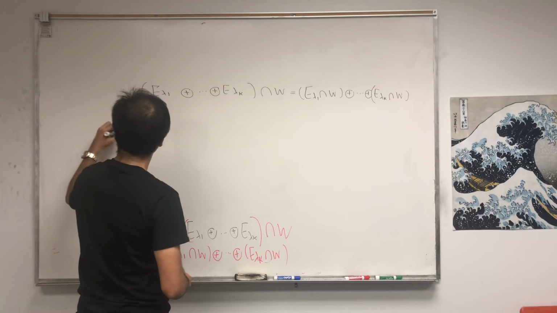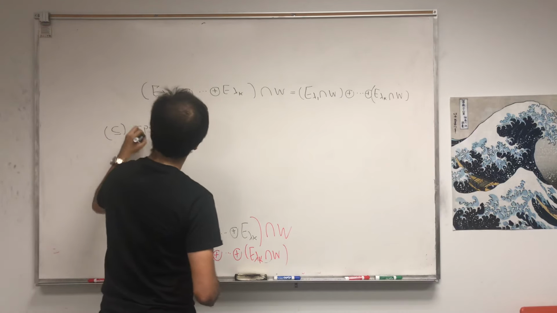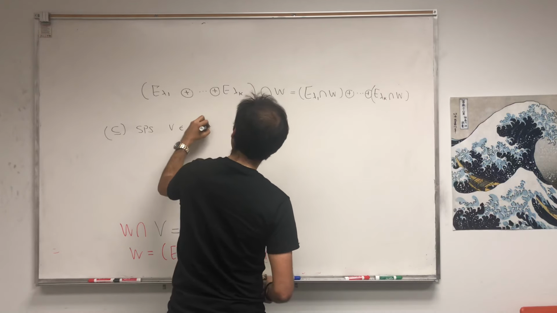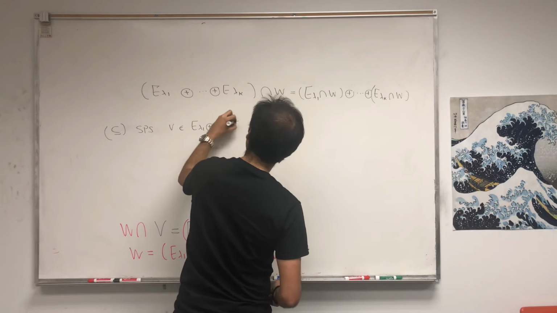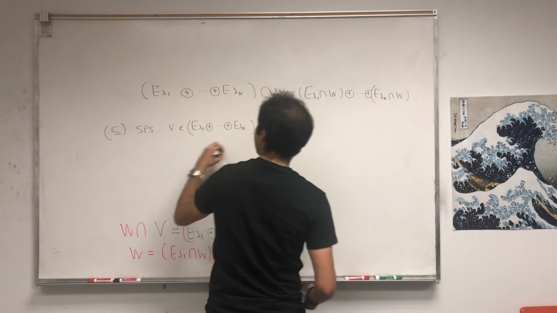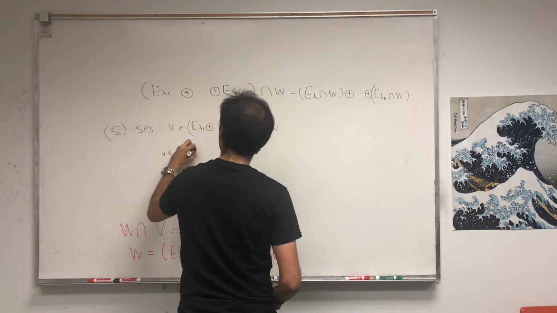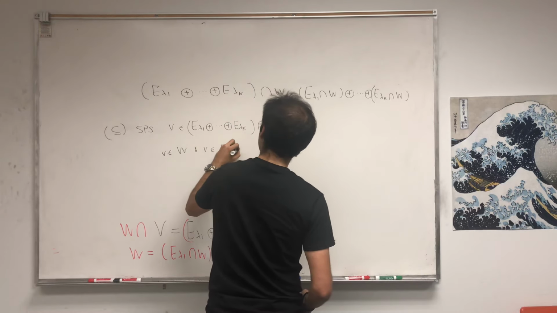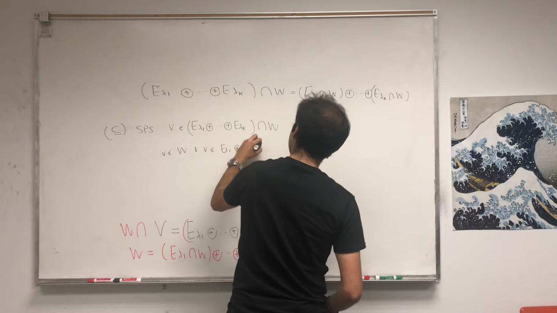So suppose V is in E lambda 1 direct sum E lambda k restricted to W. Then V is in W, and V is in E lambda 1 direct sum E lambda k.